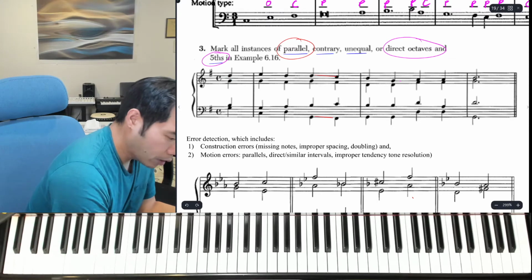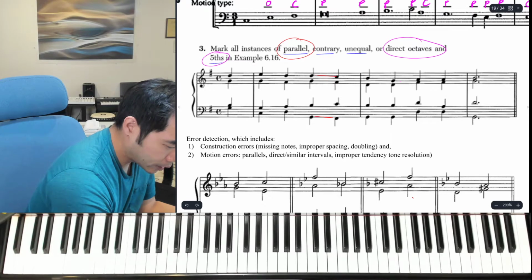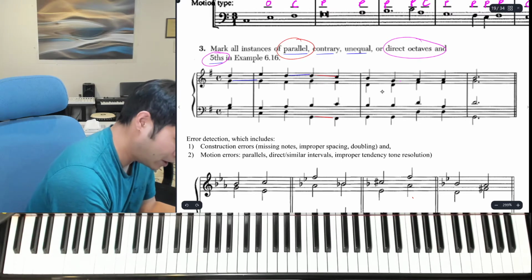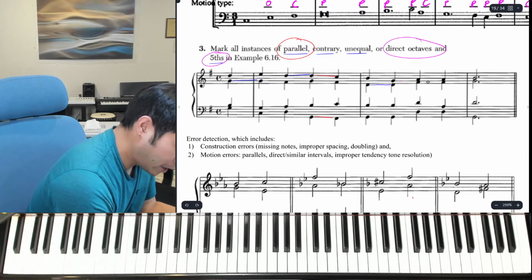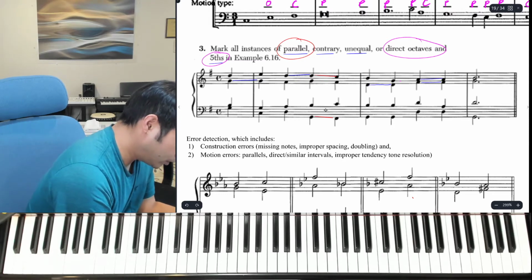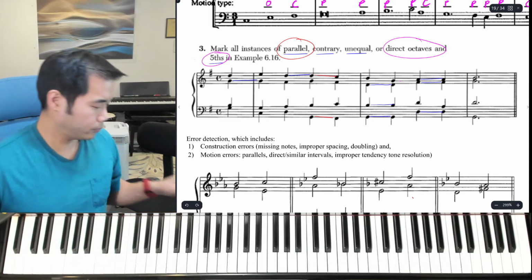In fact, what I'll do to make this a little easier is mark them here. I'll mark it with blue. So that's static motion, and I'm just looking for any instance of static motion in the top 2 voices. Static motion, static, static. If I go to the bottom 2 voices, we have static, and then we have static and static.